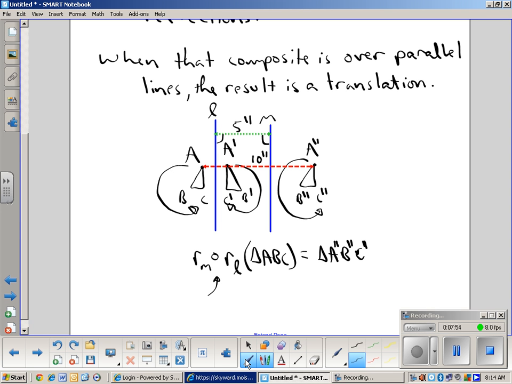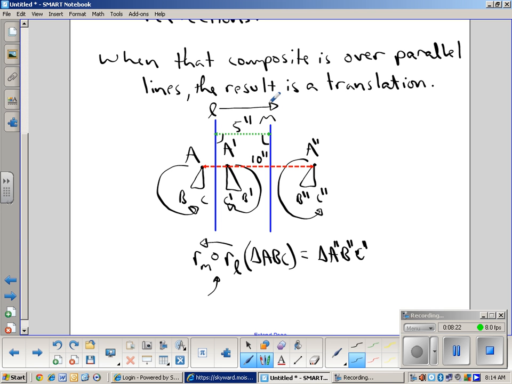That composite symbol means this is how I'd read it: the reflection over M of the reflection over L. And so when I reflected this, I went over L first and then I went over M. So my reflection was this direction, right? So it went from L to M. And so it went in the direction from L to M.